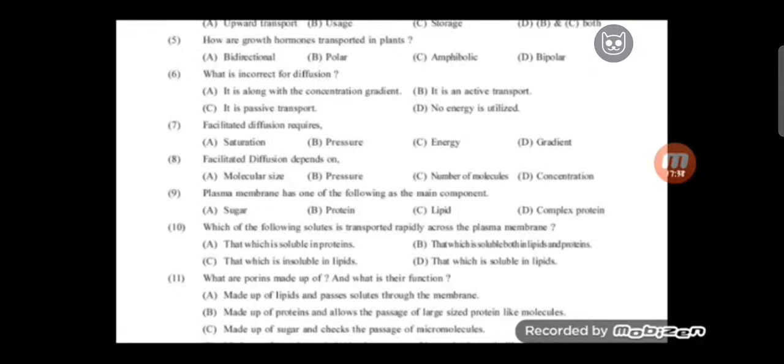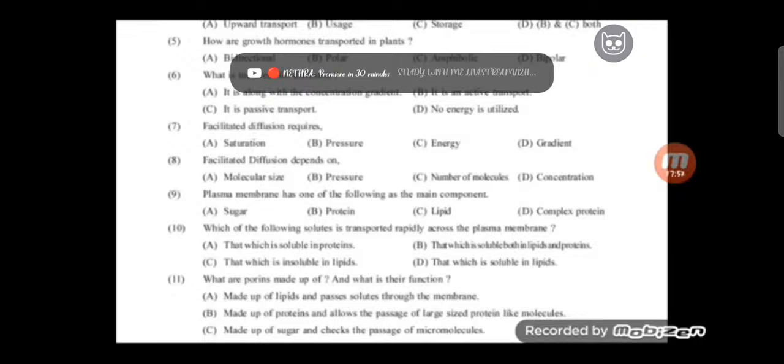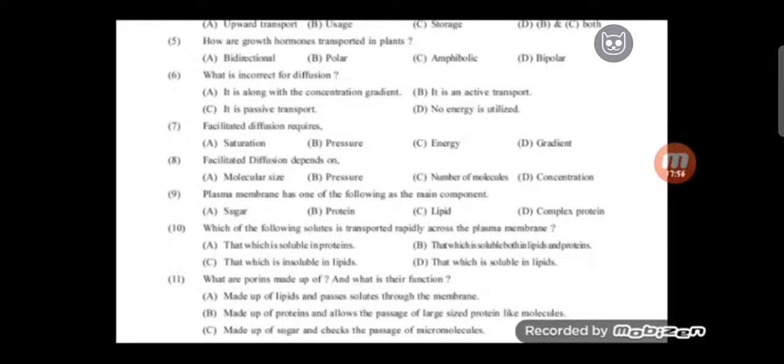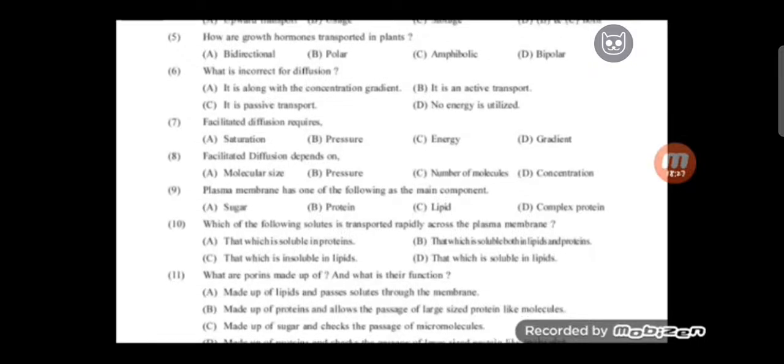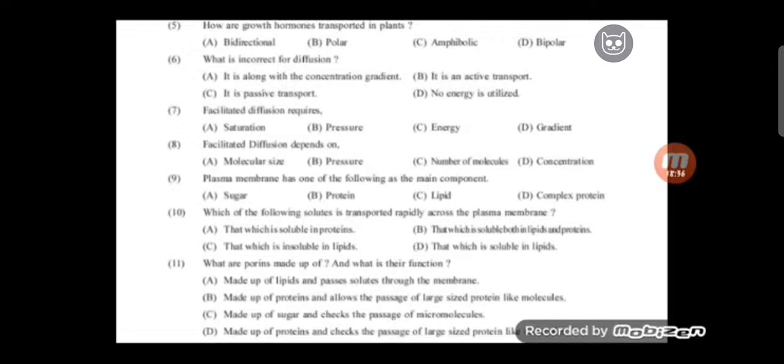In the previous question they asked what facilitated diffusion requires. Now they are asking what it depends on: molecular size, pressure, number of molecules, or concentration? The correct answer is that facilitated diffusion depends on molecular size. Therefore option A is the correct answer for question number 8.